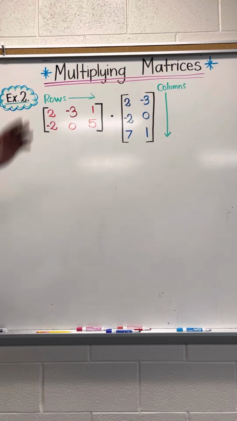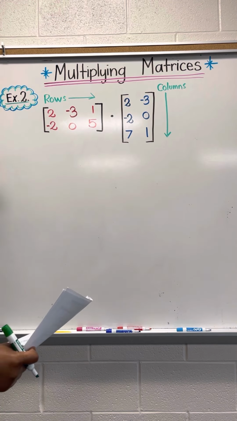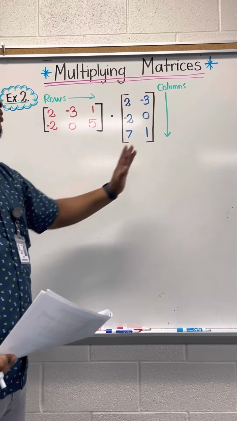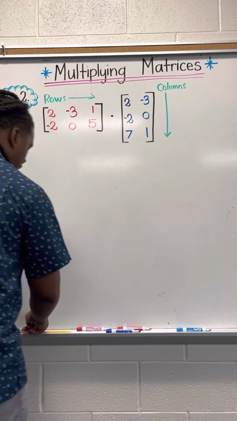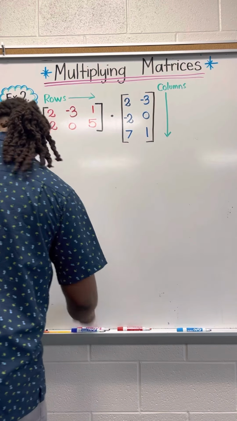The columns are always vertical. So once again, the rows are always horizontal and the columns are always vertical. How we identify a matrix is we always go from rows to columns.